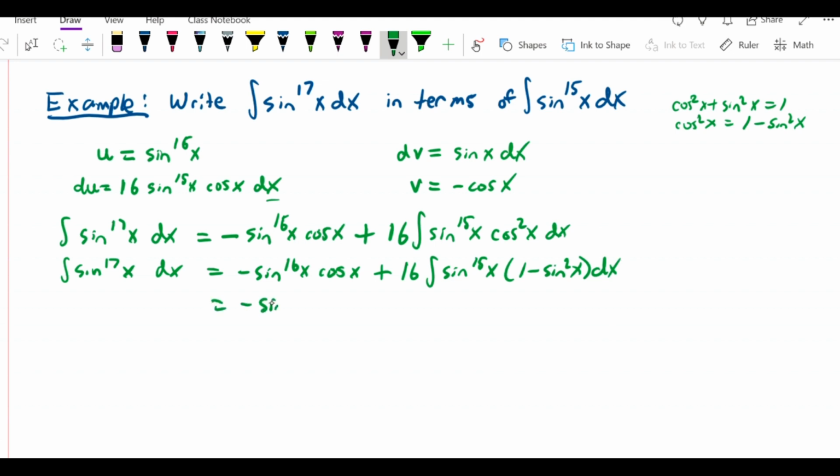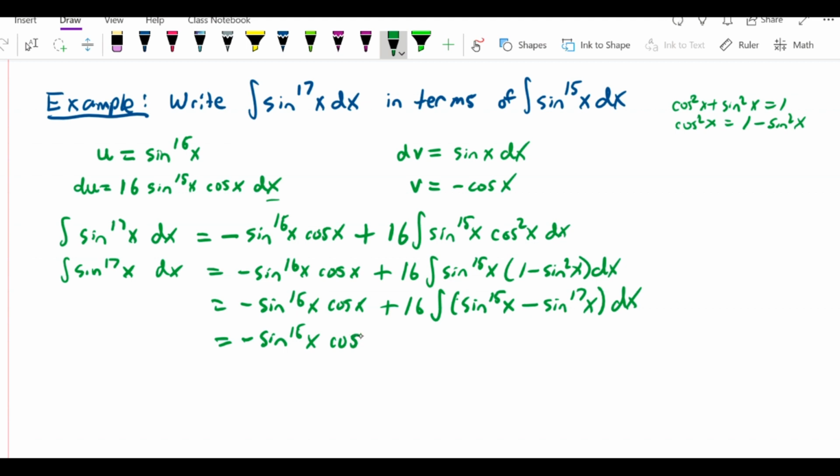That's going to be negative sine to the 16th x cosine x plus 16 integral of sine to the 15th times 1 is just sine to the 15th, minus sine to the 15th times sine squared is sine to the 17th x. And now we'll pull that last integral apart, so that gives us negative sine to the 16th x cosine x plus 16 integral of sine to the 15th x minus 16 integral of sine to the 17th x.